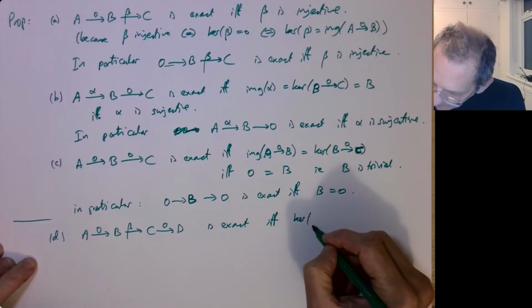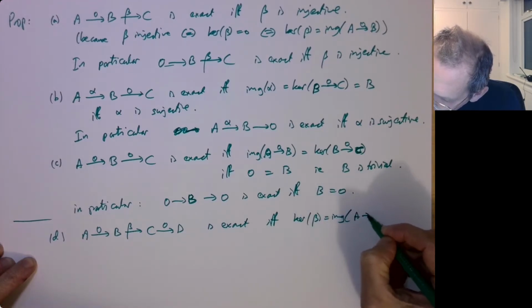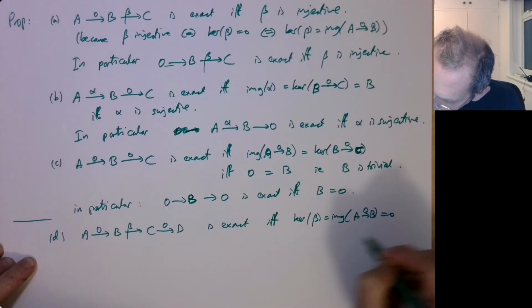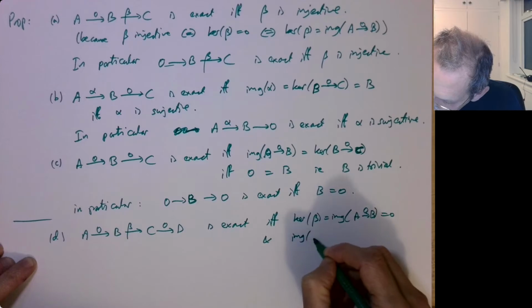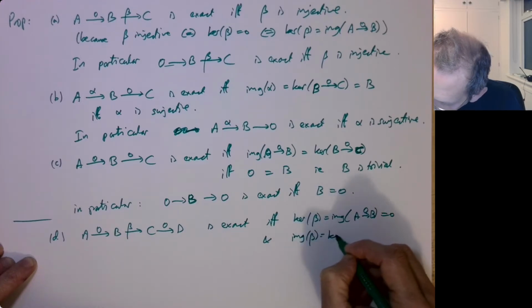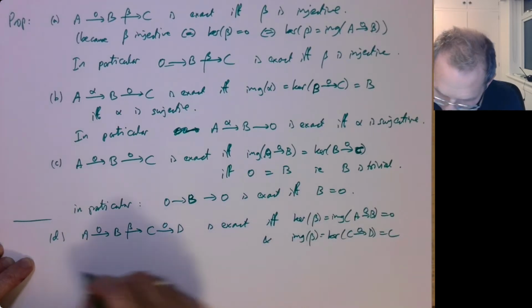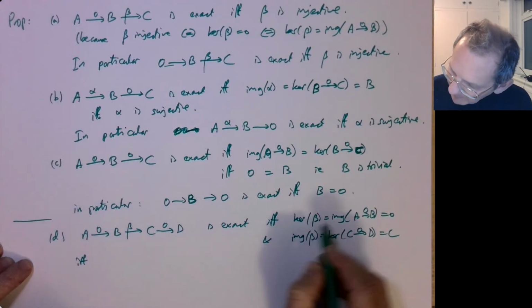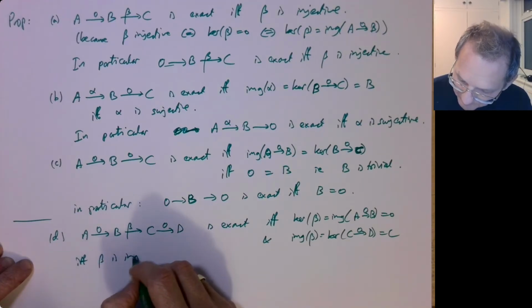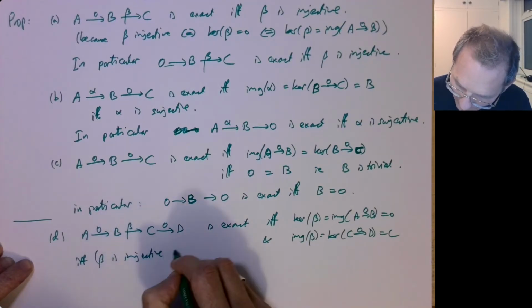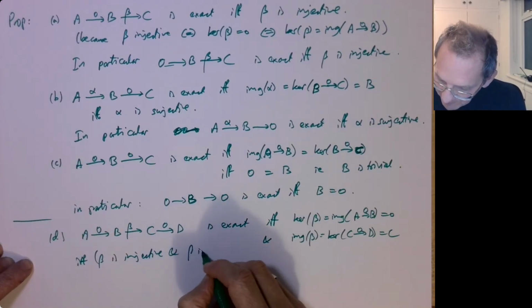This is saying that the kernel of beta is the image of the zero homomorphism, which is 0, and the image of beta is the kernel of the map from C to D, which is C. For the kernel of beta to be 0 is the same as beta being injective, and for the image of beta to be C is the same as saying that beta is surjective.